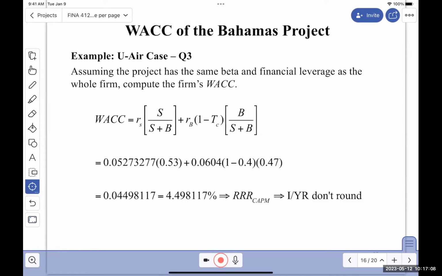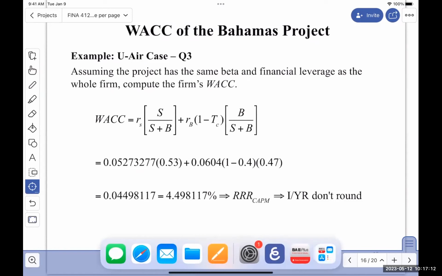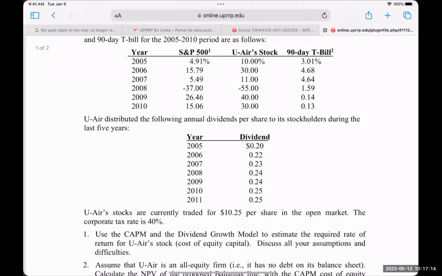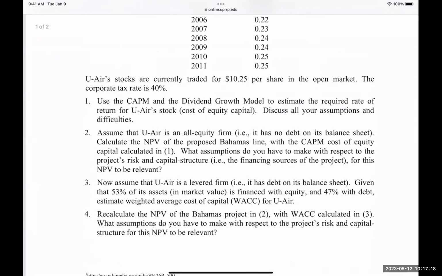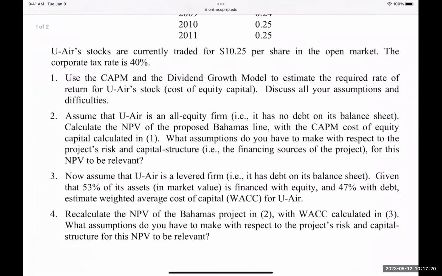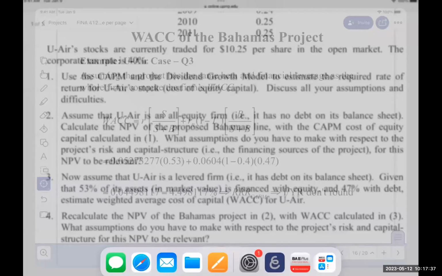In the case, now you assume that UAIR is a levered firm. Number 3, it has debt on its balance sheet. Given that 53% of its assets is financed with equity and 47% with debt, estimate the weighted average cost of capital for UAIR. So now we go back and do that.